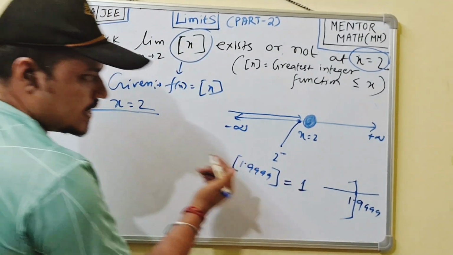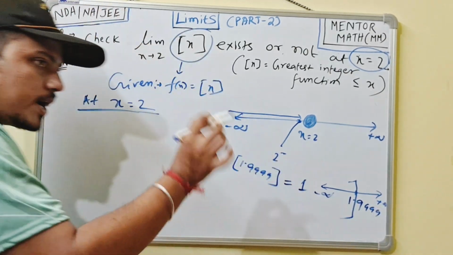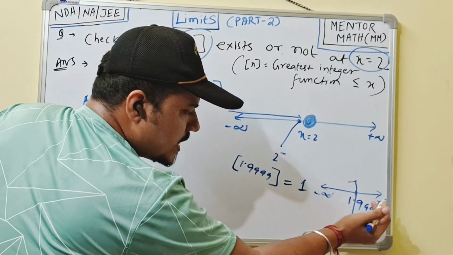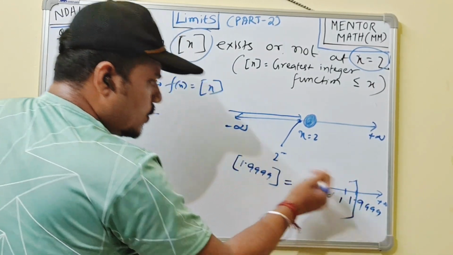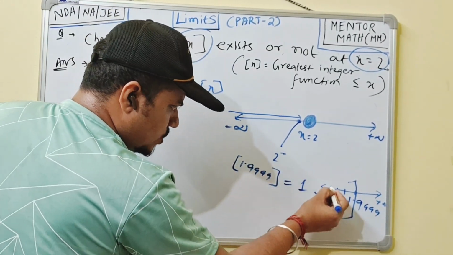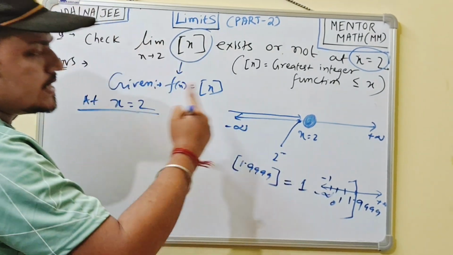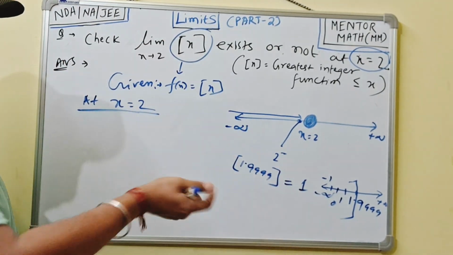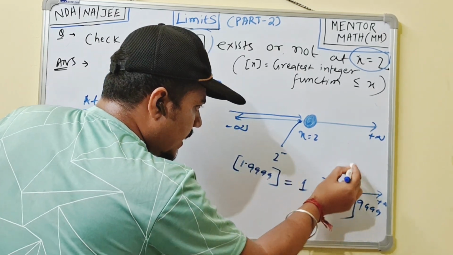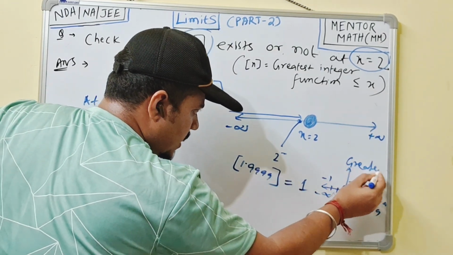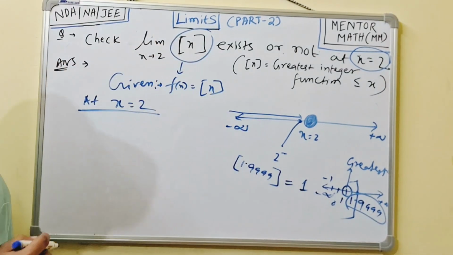This is your minus infinity, this is your plus infinity. So the integers you can take are 1, next integer is 0, then minus 1, and so on. In between these integers, which integer is the greatest? Here you can easily say that 1 is the greatest integer. So that's why box of 1.999 represents the value 1.